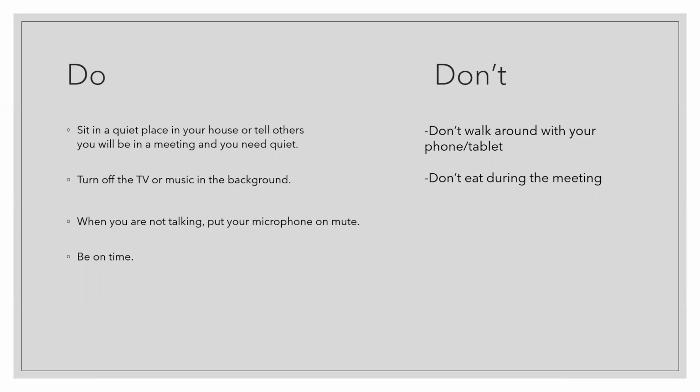So one thing you can do is, when you are not talking, you can put your microphone on mute. Inside the Zoom meeting, there's a microphone icon, and you just click on it, and that will turn it off. If you want to talk, make sure you turn it back on.